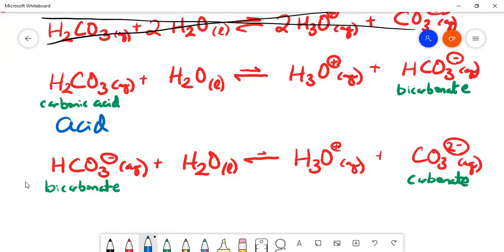I'm not trying to trick you. And it is, after all, carbonic acid that is, by our Bronsted-Lowry definition of an acid, giving up a hydrogen ion.